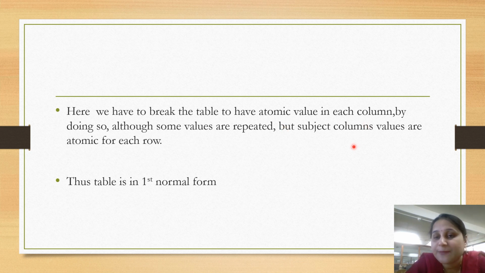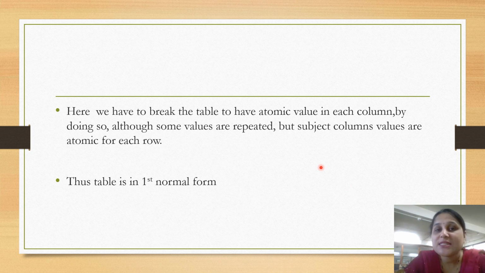C comma C plus plus or OS DBMS are not atomic values. They are multiple values stored in the same column. So we need to have an atomic value in each column. For that, maybe some of the values will be repeated, but the subject column values will remain the same for each row. So the table will be in the first normal form.